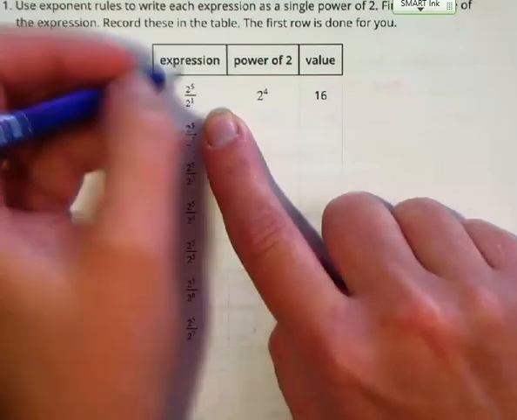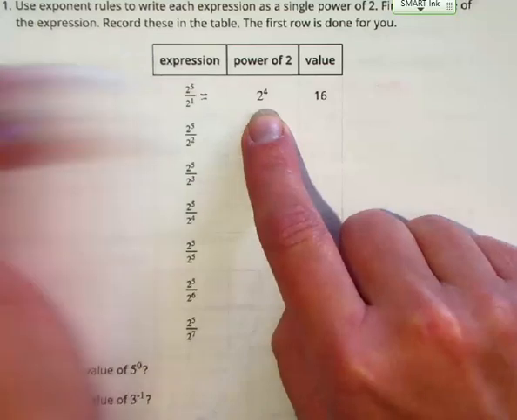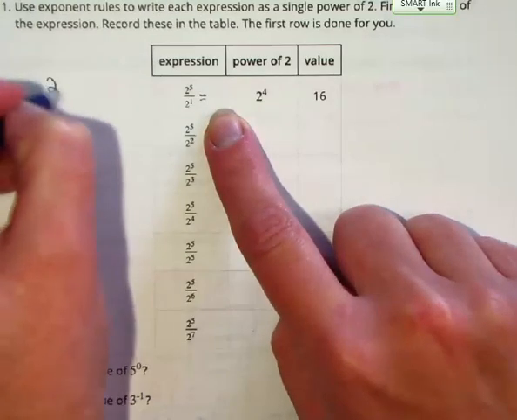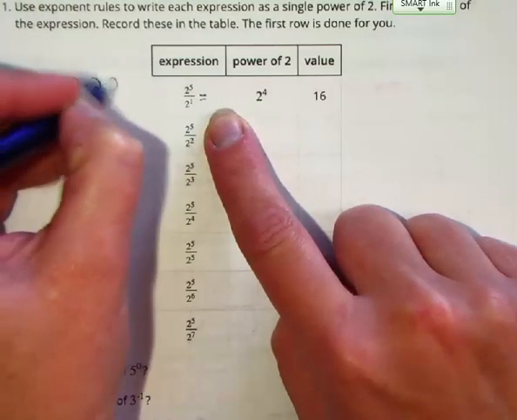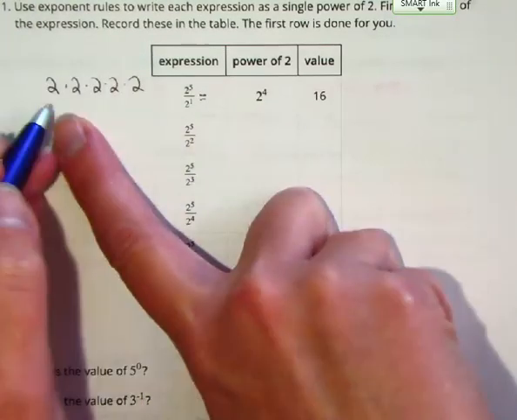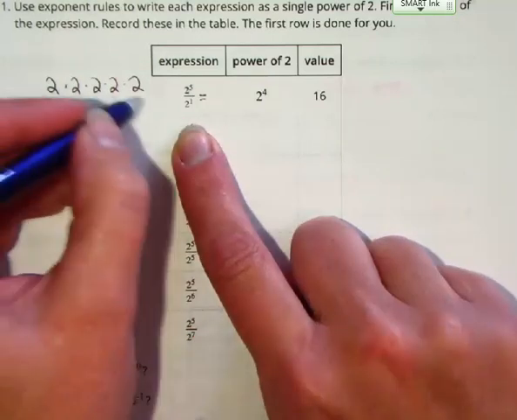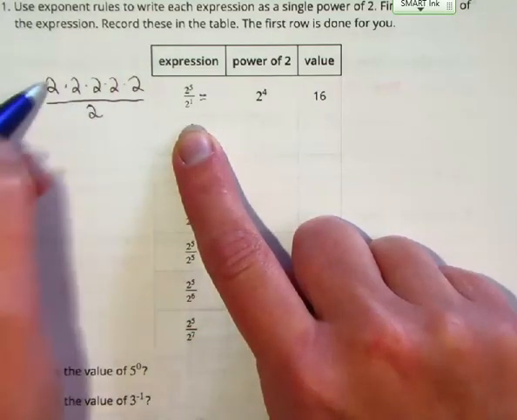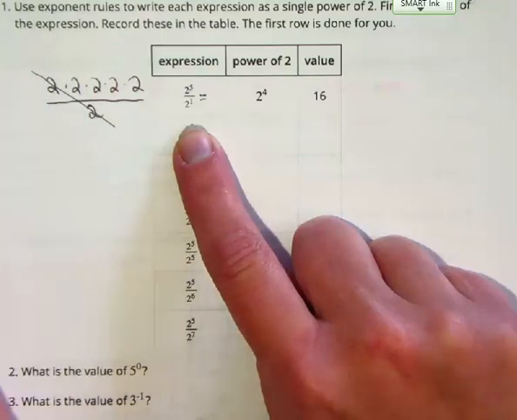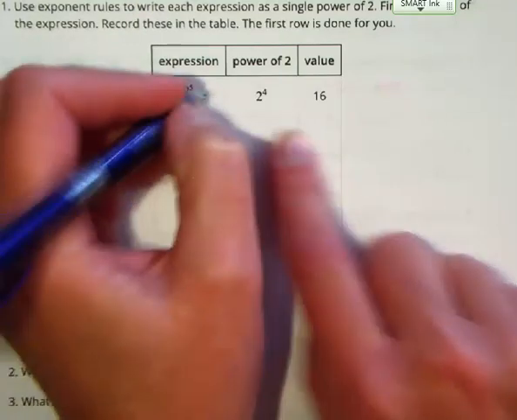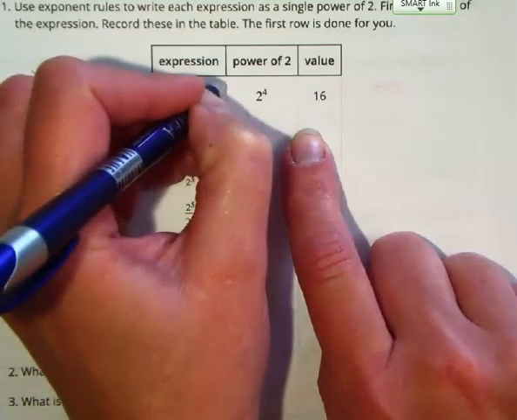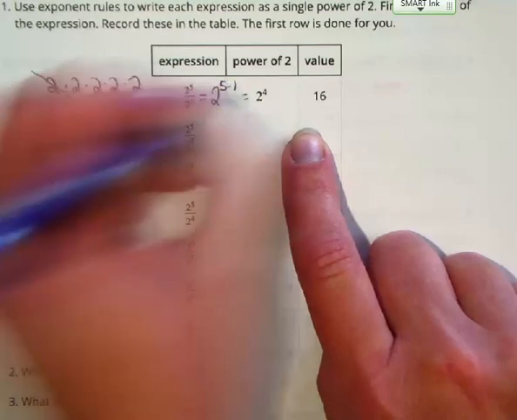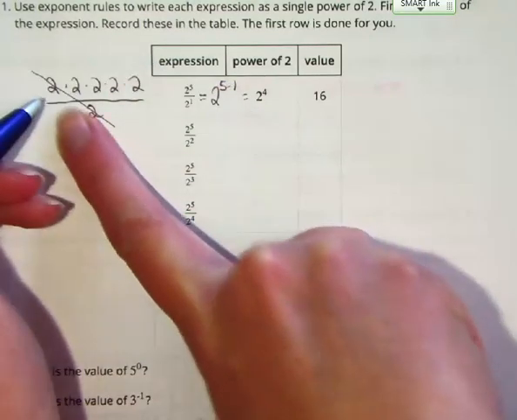So to find that power of 2 here, this would be like 2 times 2 times 2 times 2 times 2. There's 5 2's multiplying together. And we're dividing it by 2 to the first power, 1, 2. So maybe you see that they would cancel one of those 2's out. So that's why we have 2 to the 5 minus 1, because 1, 2 cancels out from the 5.